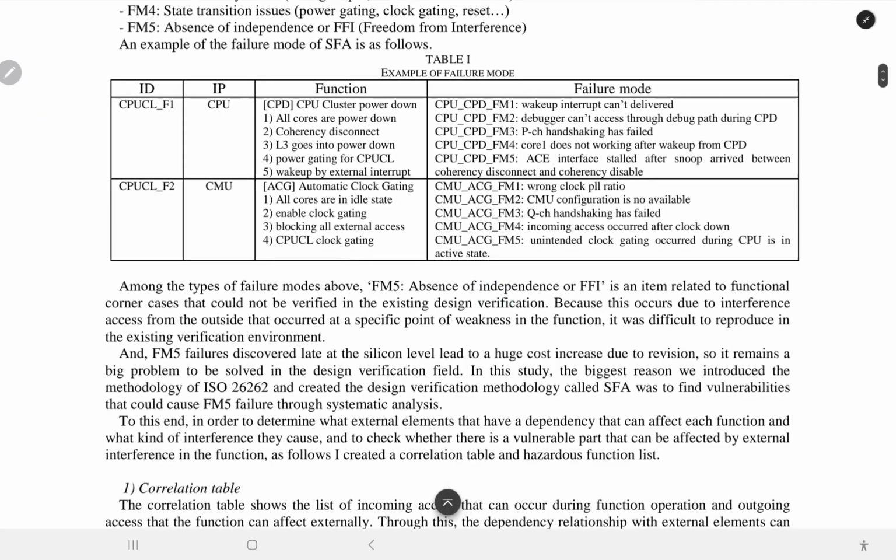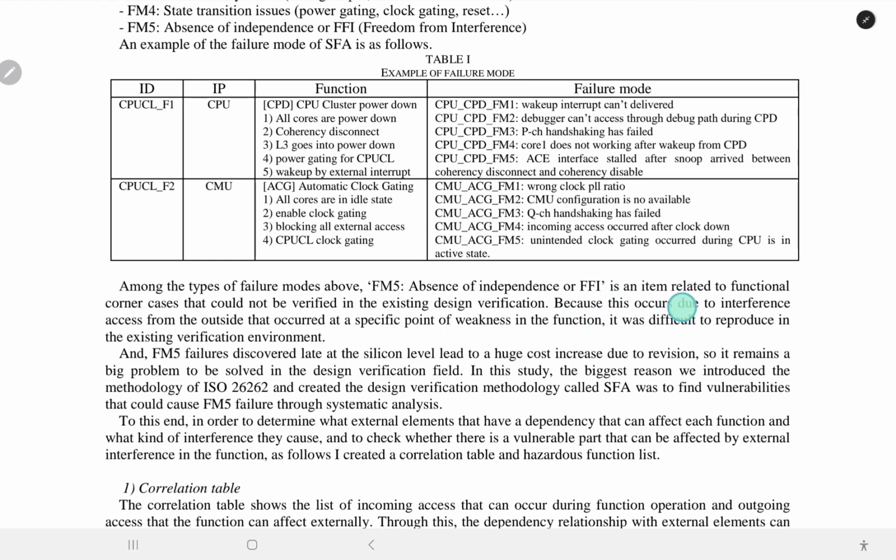Among the types of the failure modes above, FM5, absence of independence, or FFI, freedom from interference, is an item related to the functional corner cases that could not be verified in the existing design verification.